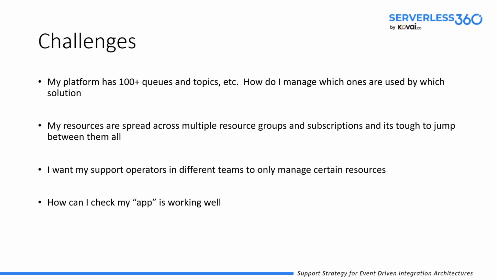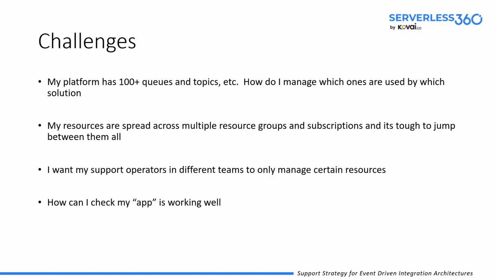How do I manage them at a solution scope rather than just having a massive namespace with loads of queues in? And then a customer might have resources spread across multiple subscriptions or resource groups, and the challenge is, how do you jump between them to know what things work together when you get a problem, and have that kind of operator view of what your solution does?